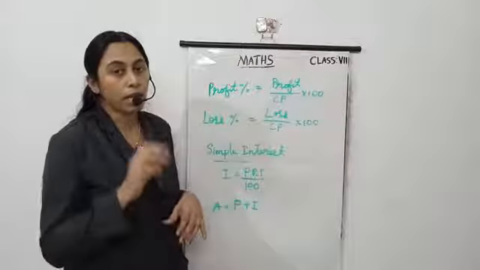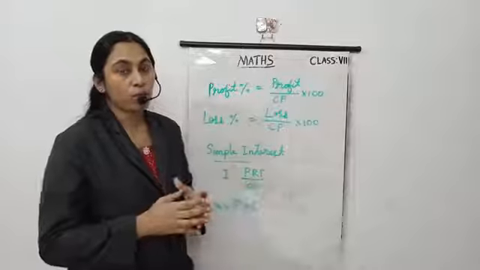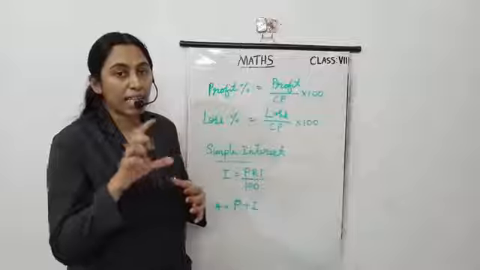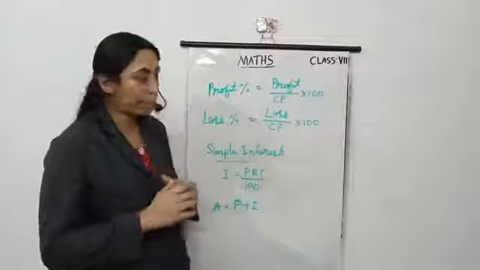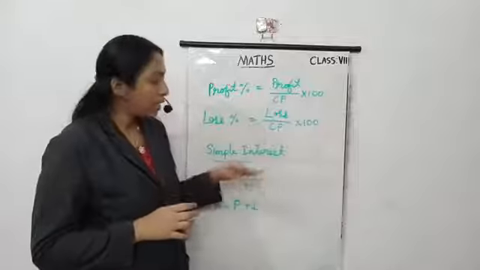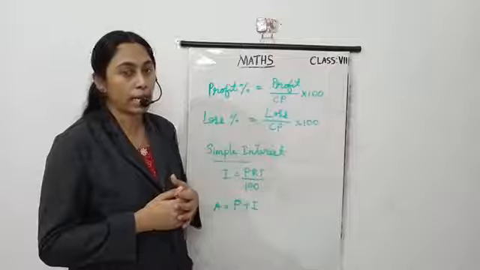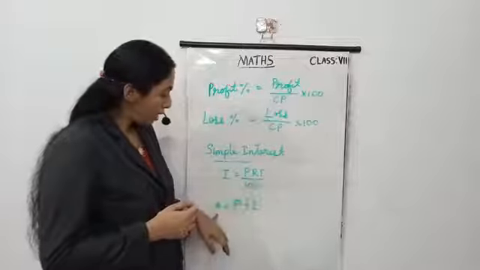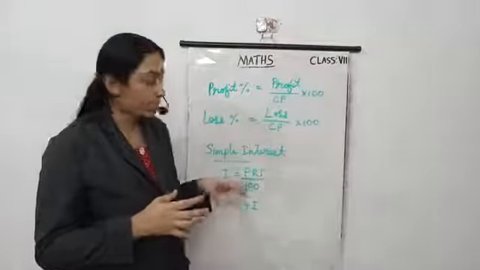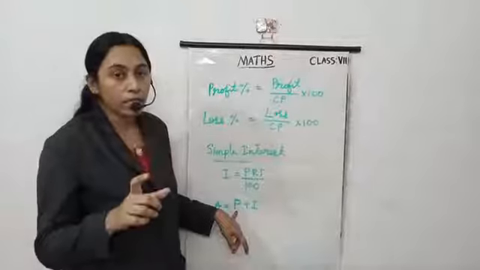P means the principal amount, the amount we deposit or borrow. R is the rate of interest, and T is the number of years or months, by 100. This is interest only.